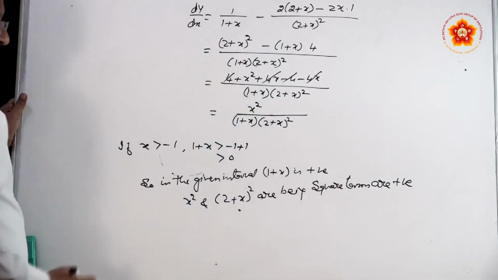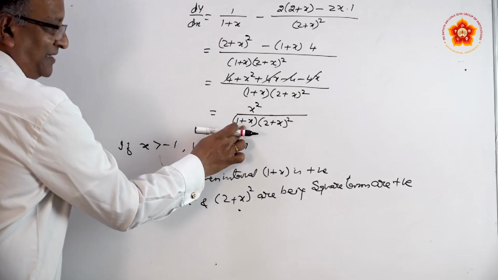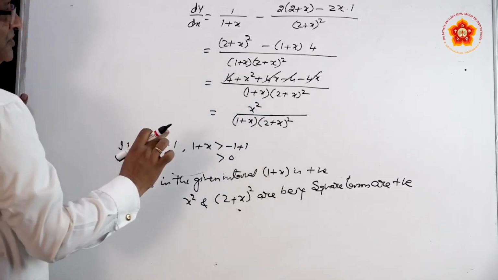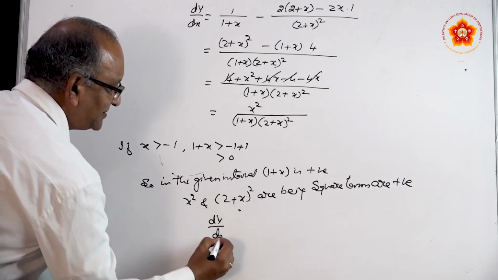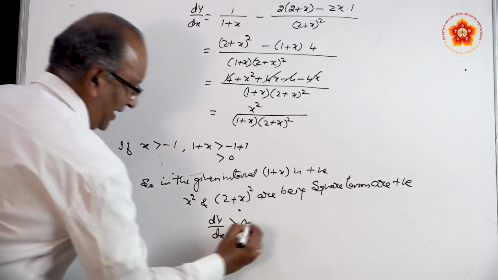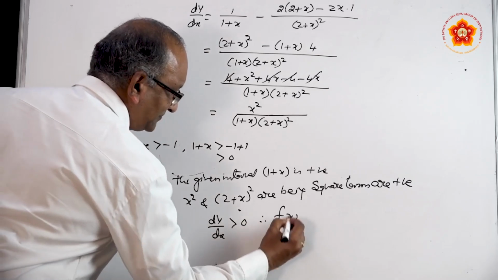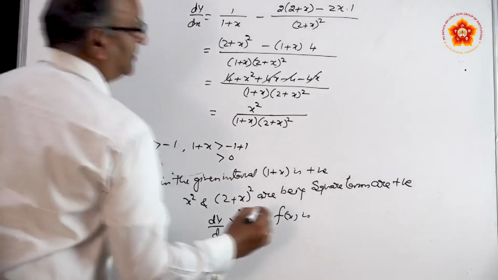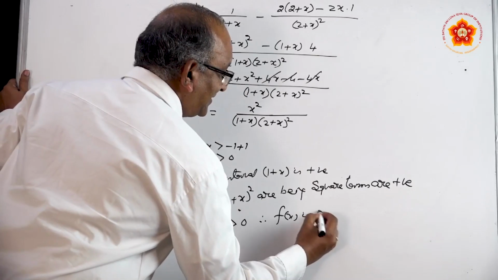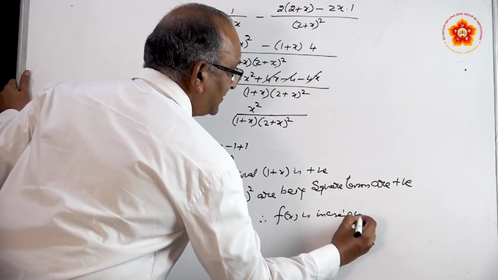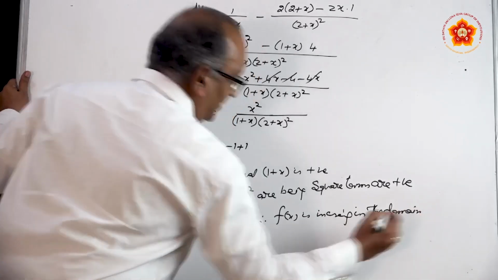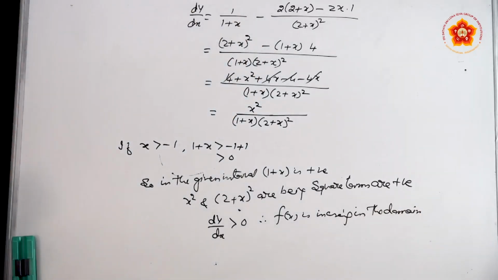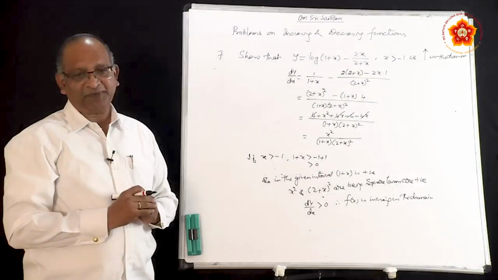So, numerator is positive, this factor is positive, this factor is also positive. In conclusion, we can say that dy by dx is greater than 0. Hence, f of x is increasing in the domain. In the given domain, the function is increasing. This is how we solve the problem.